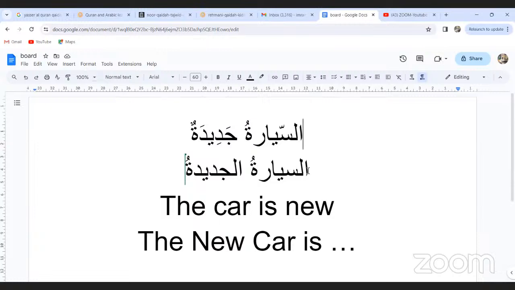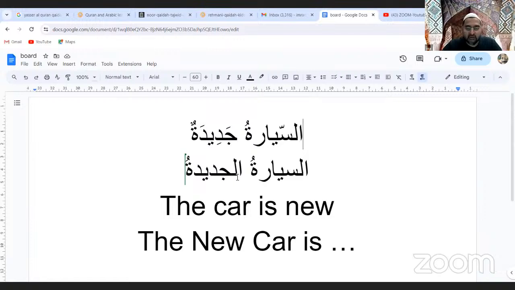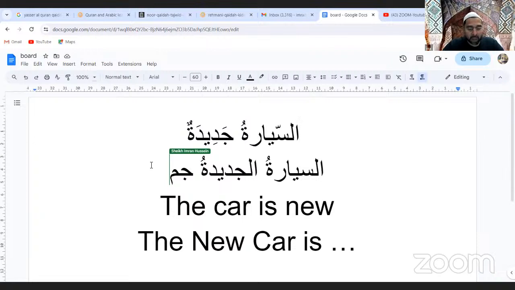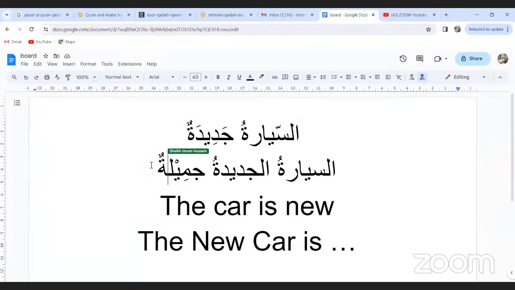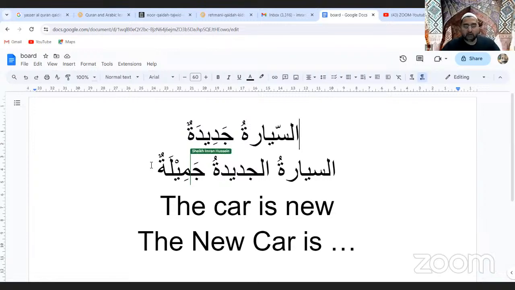So as-sayyaratu is definite, al-jadidatu is definite. As-sayyaratu is feminine, al-jadidatu is feminine. And then we can say jamilatun.